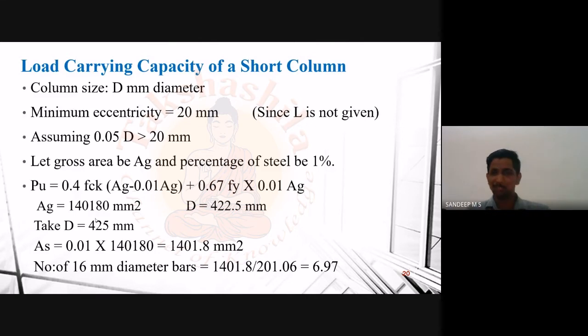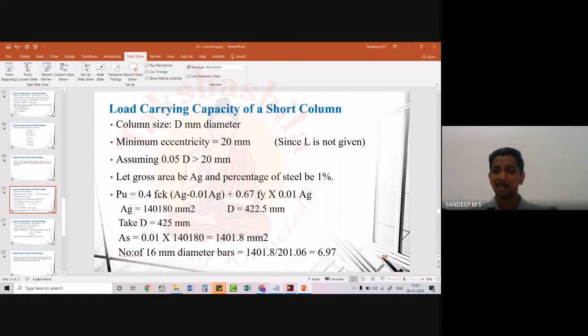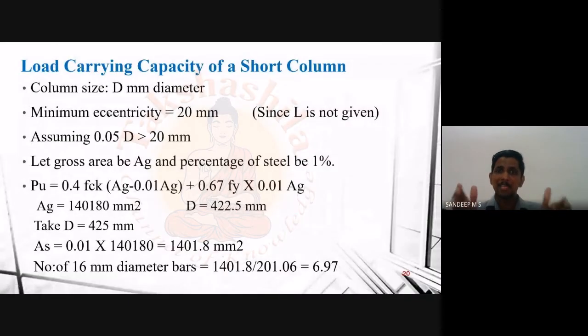Anyway, in the last class it was full of confusions. So last class we have already discussed that as per code, there is one clause where we have discussed that whenever the area provided in the column is larger than that required, in such a case, when we calculate steel, that calculation should be done with reference to the necessary area, that is the area just required to carry the load.